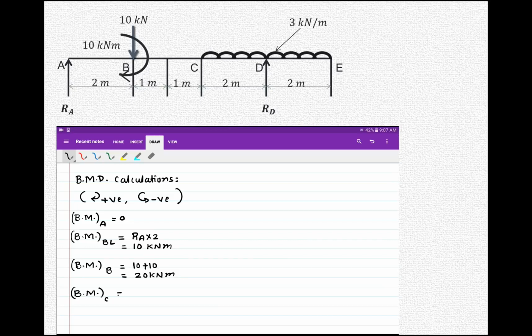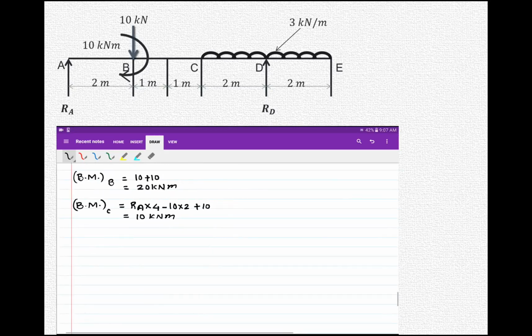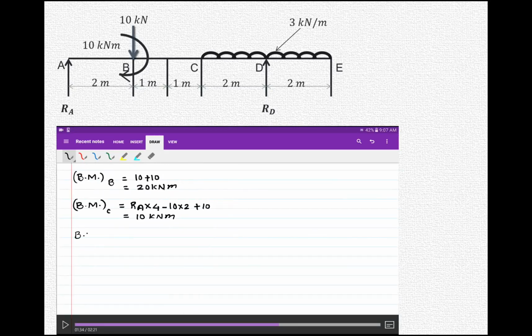Then bending moment at C, consider all the forces on the left hand side of C, so that is Ra multiplied by 4 minus 10 into 2 plus 10. So once again see how to calculate the bending moment at this particular point.